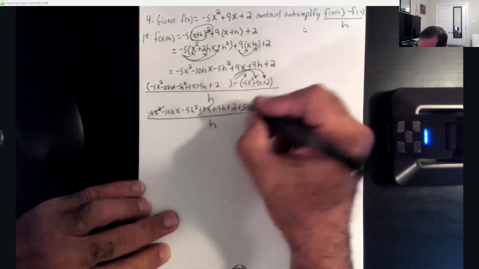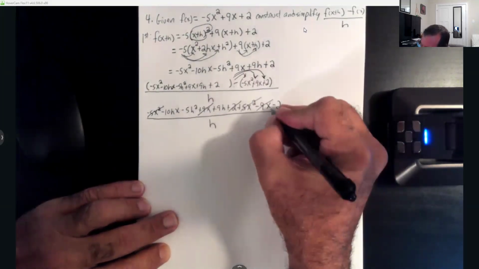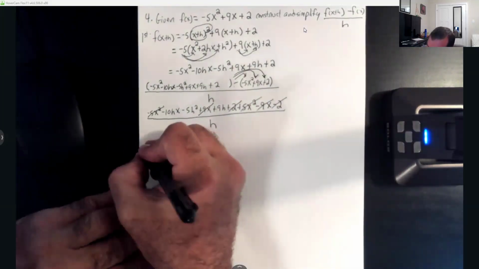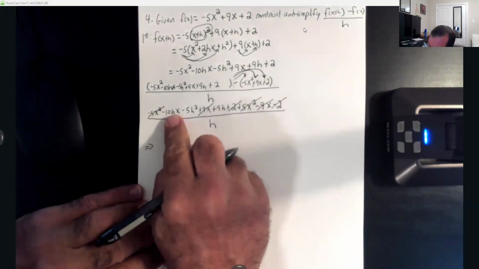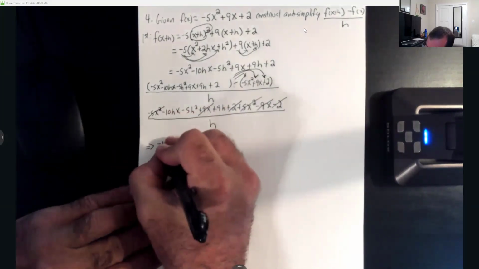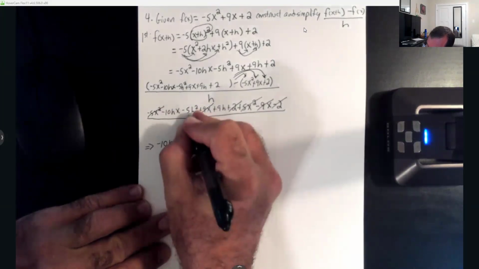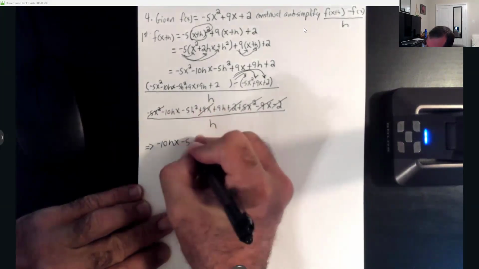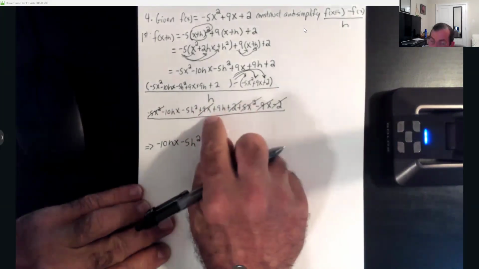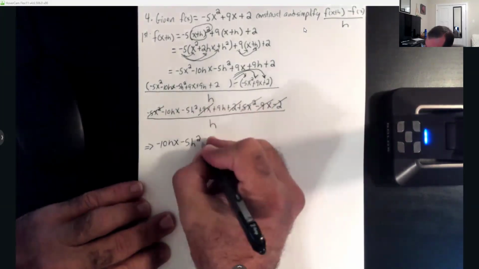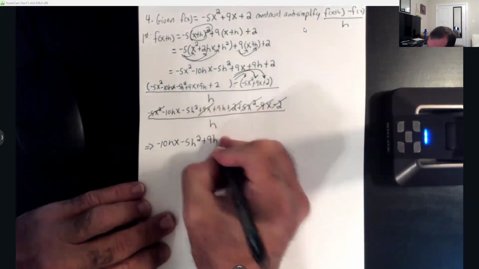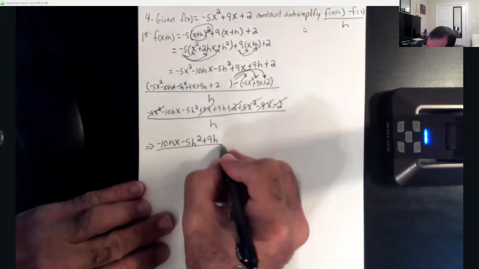But the 2 cancels with a negative 2. So y'all look what we got left on this one. A negative 10hx minus 5h squared plus 9h. All those divided by that h on the bottom.